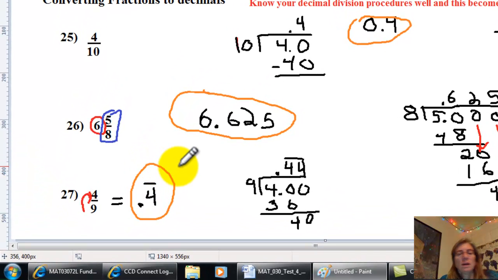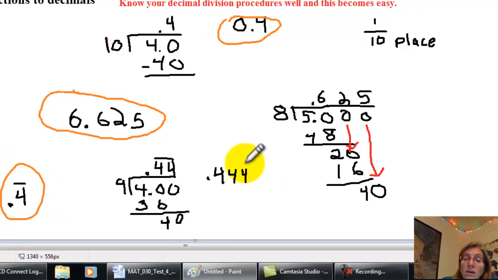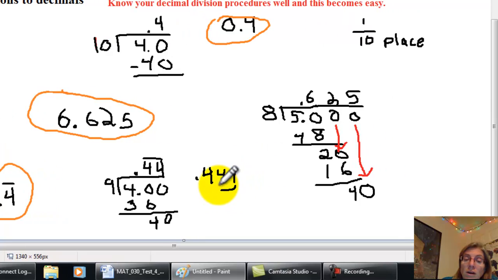Alright, if you are asked to round this repeating decimal to the nearest hundredth place, you write out to the thousandths place and look at it and decide what you're going to do. You wouldn't round it to 0.45, but you would keep it 0.44.